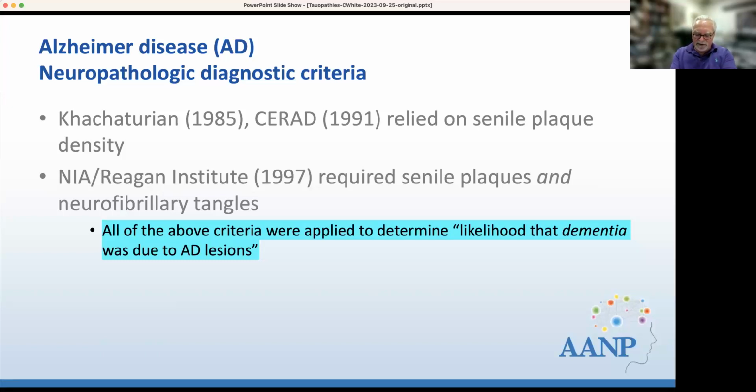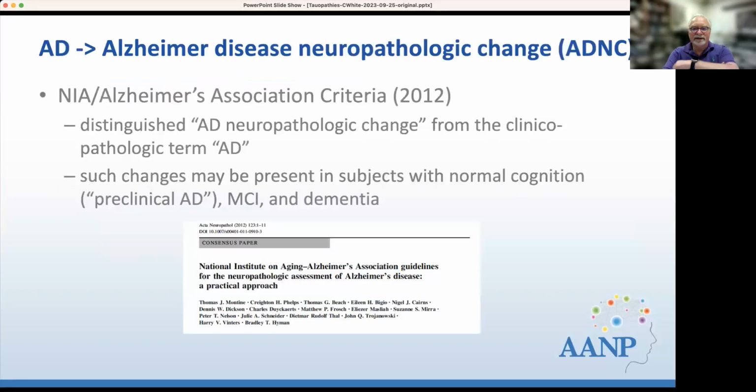So again, these all applied to patients who had cognitive impairment. Now, as the years went on and we did additional studies of not only dementia, but aging subjects, it was quickly realized that you could develop the lesions of Alzheimer's disease in the absence of significant clinical disability.